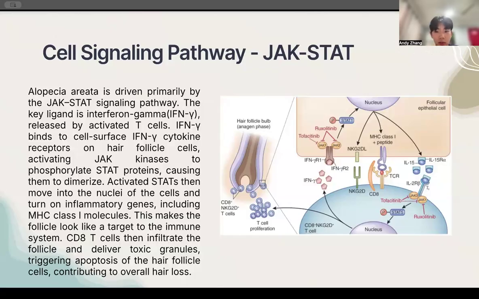And in this diagram on the right, you can see the JAK-STAT pathway, where you can see the CD8 T cell release interferon gamma, which binds to a receptor on the hair follicle cell, which then activates JAK2, which activates STAT, which then enters the nucleus, and then MHC class 1 molecule is released.